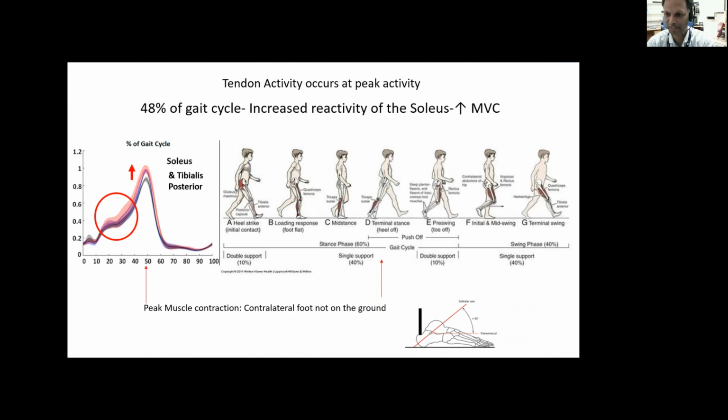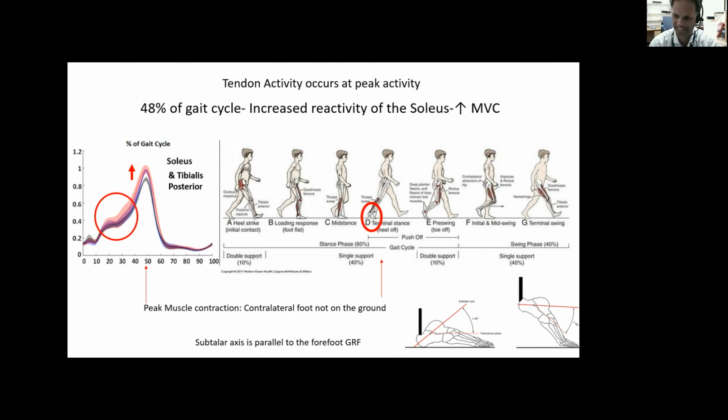And what's happening at this point is that the foot is in terminal stance, the contralateral foot's off the ground, the entire weight's going through that foot, ready for forward motion, and the subtalar axis is now parallel to the floor, maximally localized to absorb that ground reaction vector around that subtalar axis.